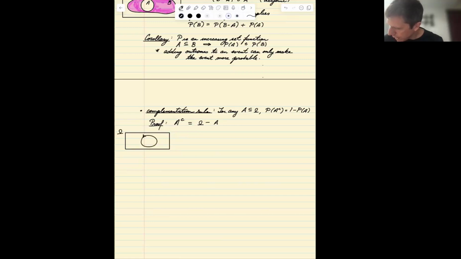This circle is A. So A complement is everything in omega that's not in A. Well, that's just omega minus A.